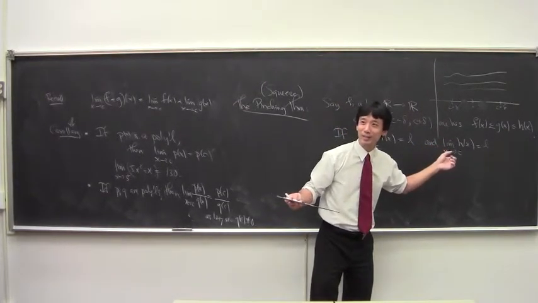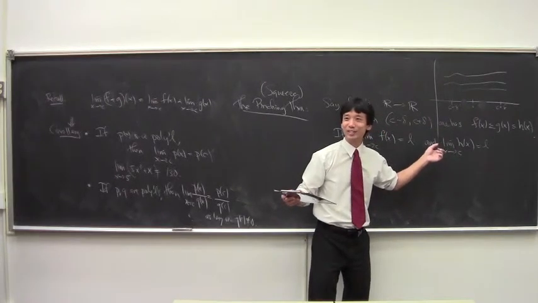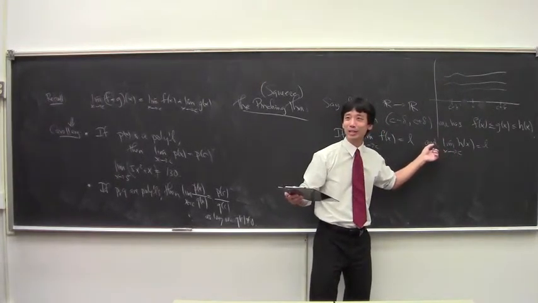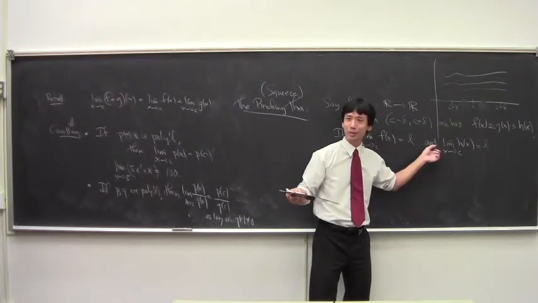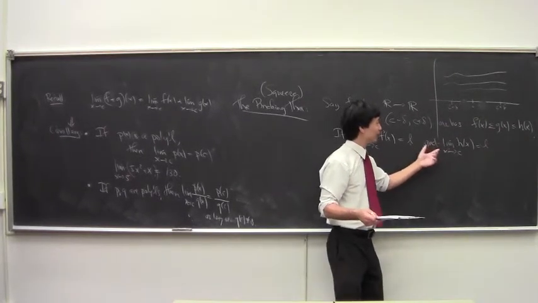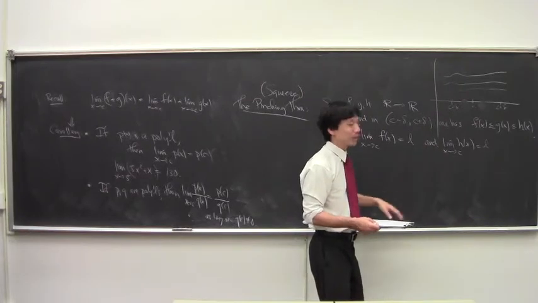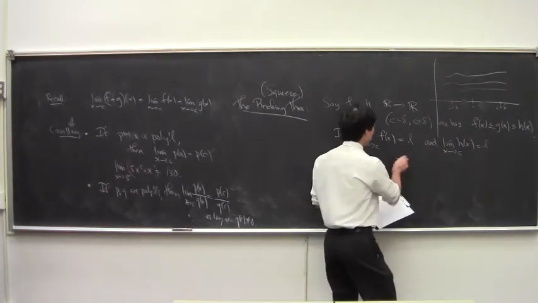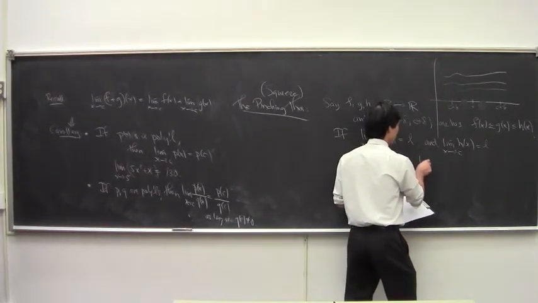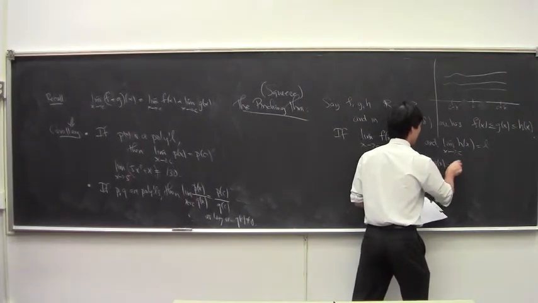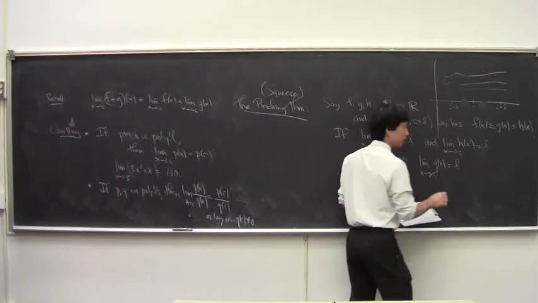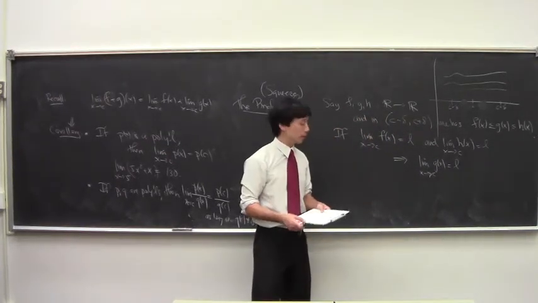Who said the middle one before I called on Ellie? Somebody over there. Ah, okay, great. Shravya. Yeah, then the limit of the middle one is going to be L also.